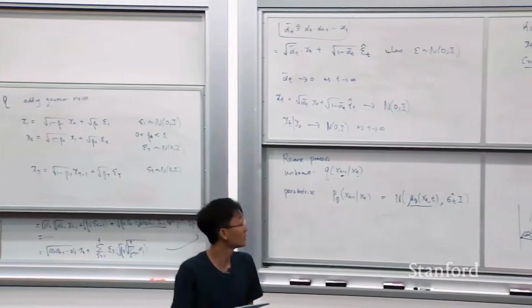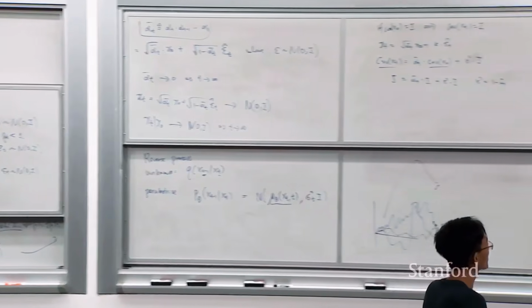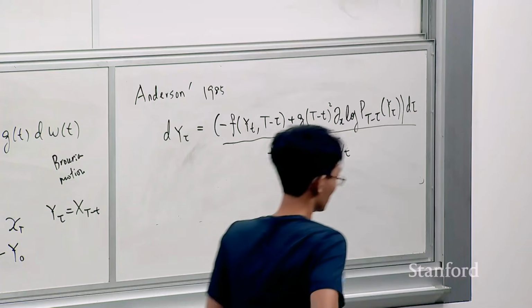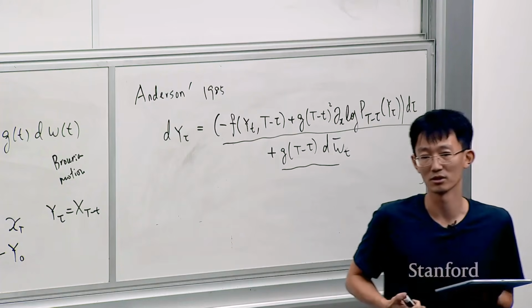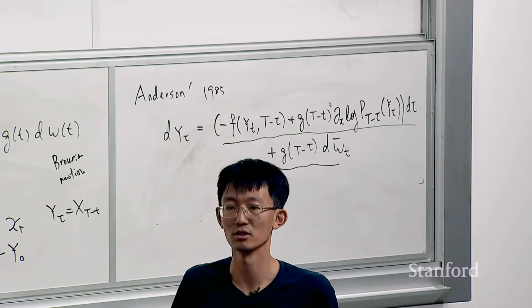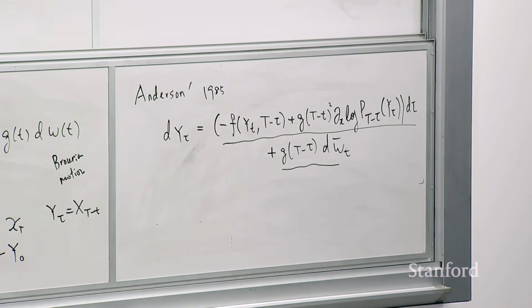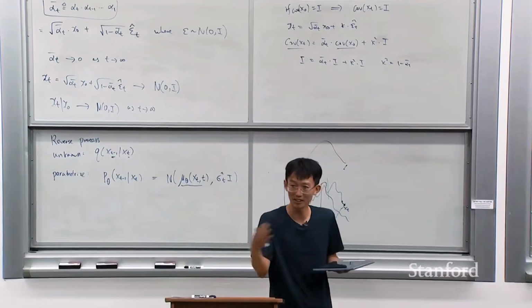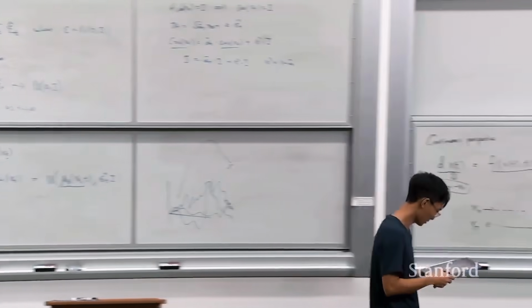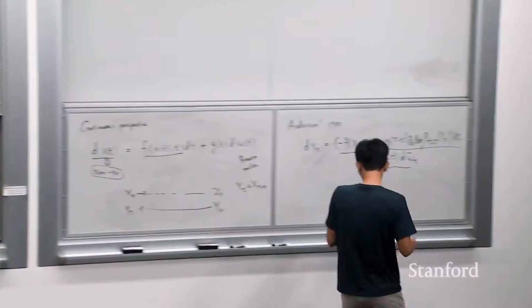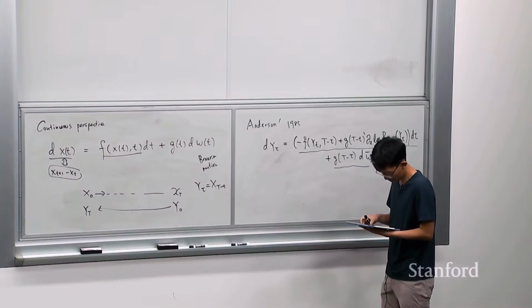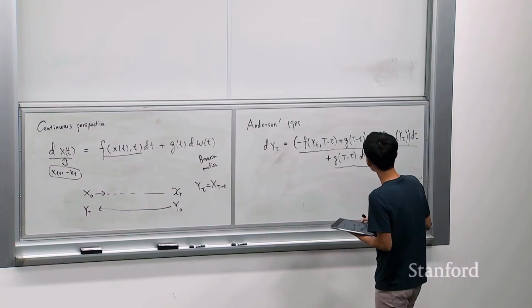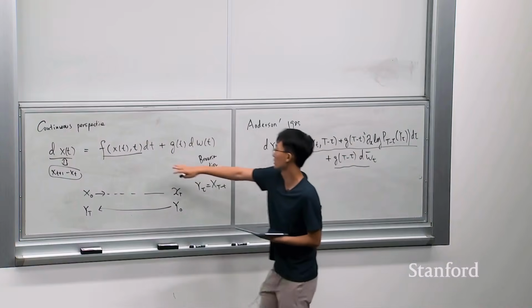On the third line? The W bar is just the Gaussian, like the Brownian motion, in the reverse direction. It's just that you use a different notation to indicate it. And this term is just literally the same as this.